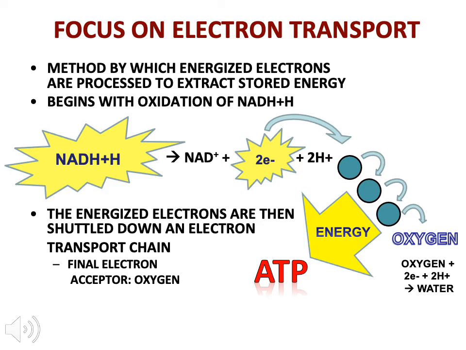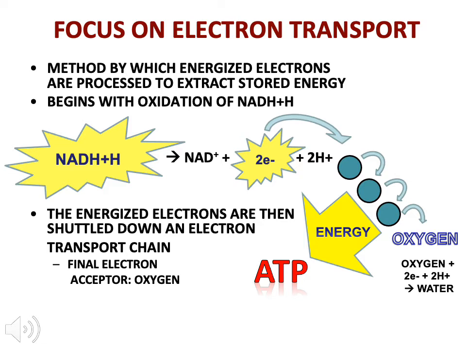We're going to run through this again. NADH plus H, reduced energy-containing compound, is oxidized, converted to NAD plus. The energized electrons, which you remember are highly reactive and potentially destructive, that's why they were being managed by the NADH plus H molecule to begin with, are now going to be passed down the electron transport chain for a constructive purpose.